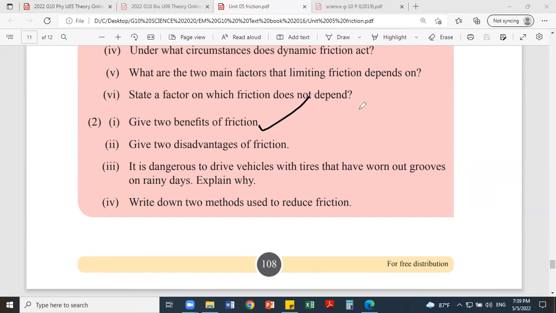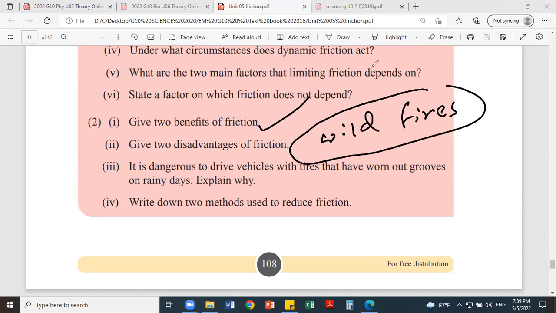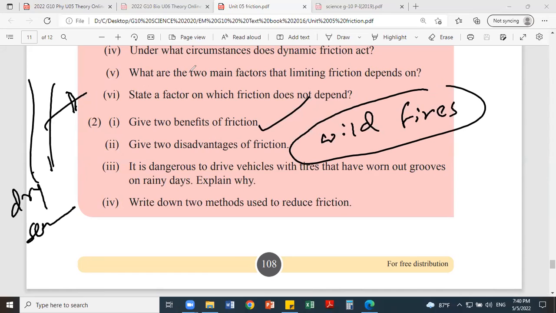Disadvantages of friction, what can you write? I'll give one more example. I don't know if you have heard about wildfires. Wildfires are not always man-made. Actually, they can occur naturally during the dry season. Sometimes two branches of trees rub each other and get heated up, and suddenly can cause a fire when the wind blows.